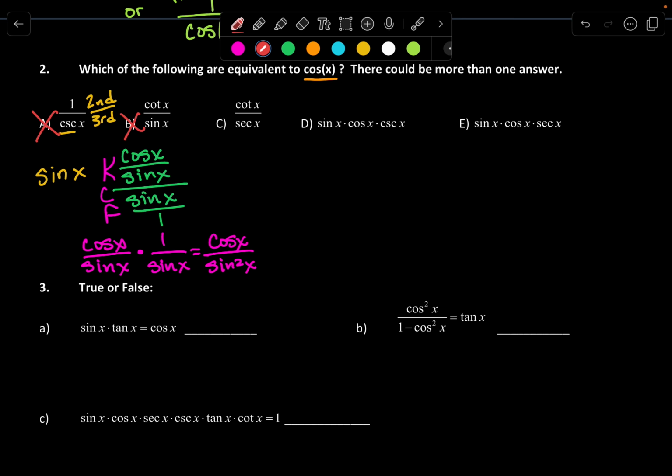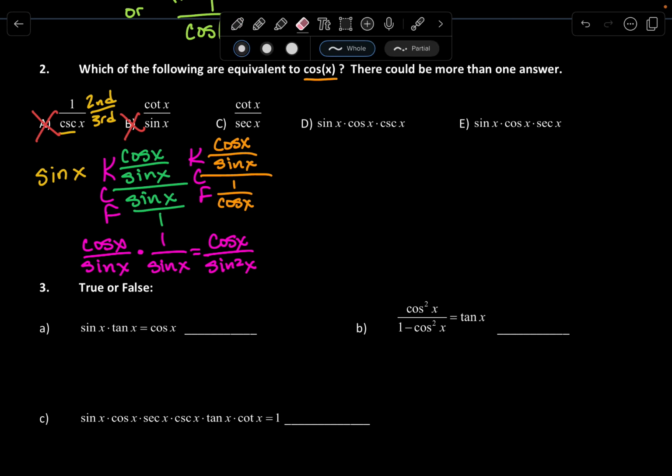For C, it's a very similar looking problem to B. I've got cotangent over secant. So I'm going to rewrite cotangent as cosine x over sine x. I'm going to rewrite secant as 1 over cosine x because that's its reciprocal. And then because I'm dividing a fraction, I'm going to keep, change, flip.